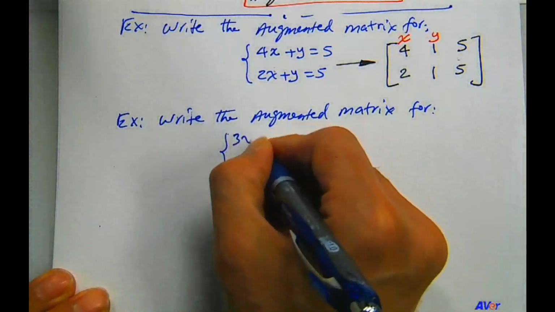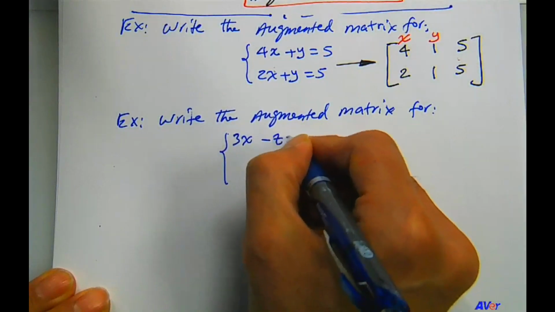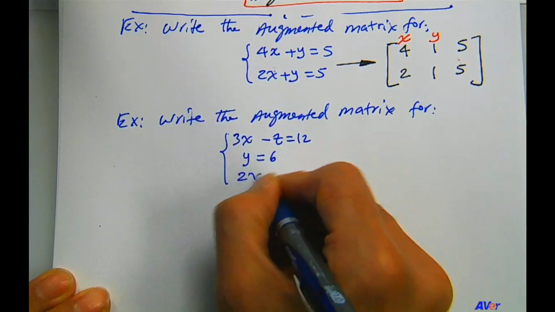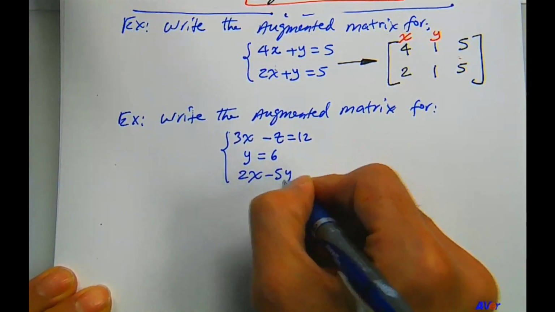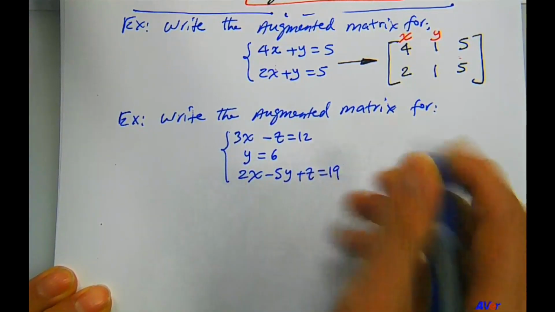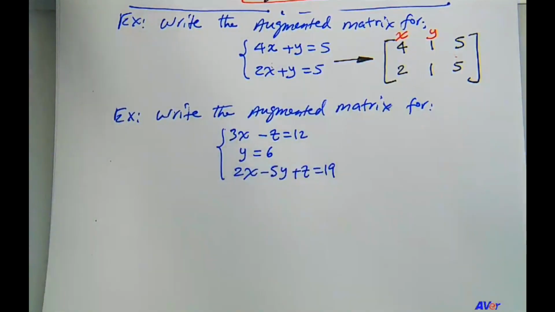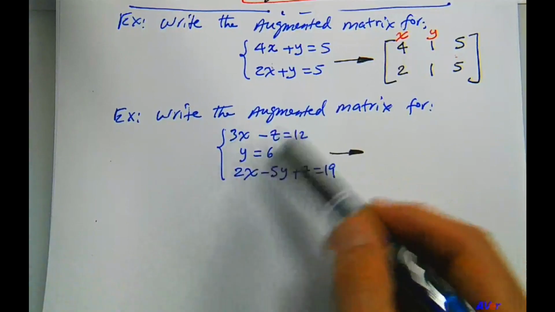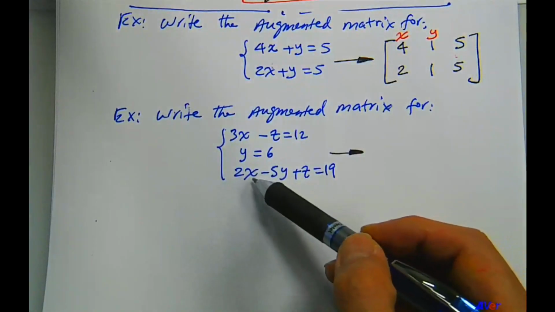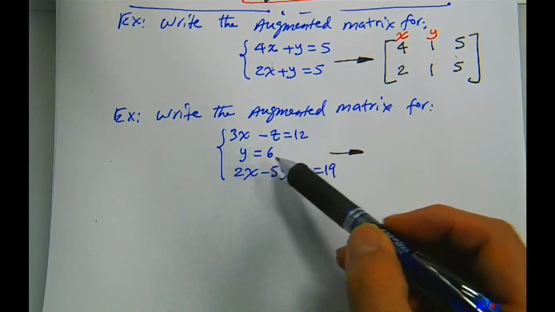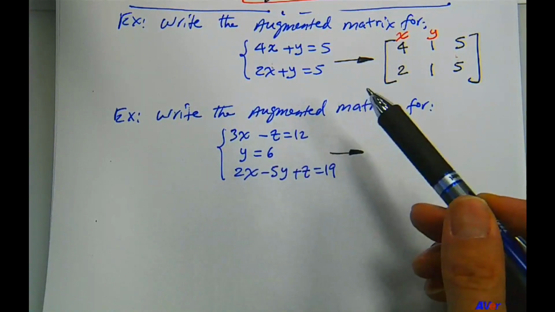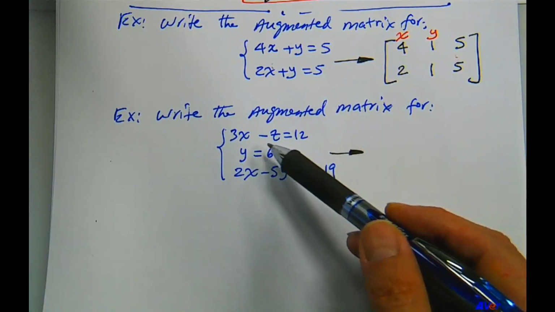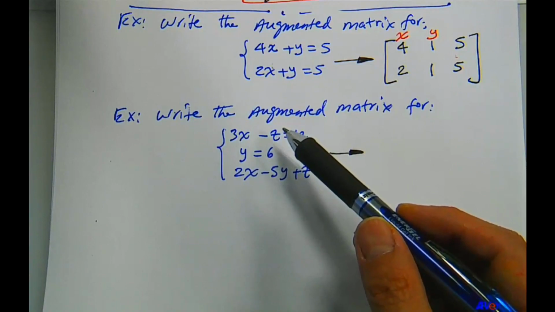We have 3x minus z equals 12, y equals 6, 2x minus 5y plus z equals 19, right? Okay, so notice that we have 3 variables overall in the entire system, x, y, and z, but not every equation has all the variables. For those equations, we cannot skip the coefficient. We have to enter 0 for it.